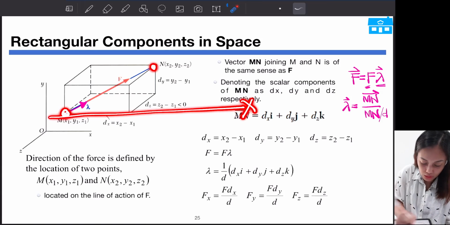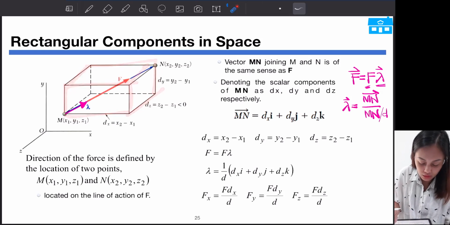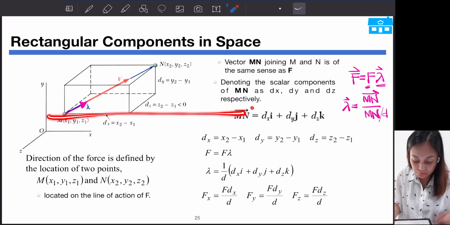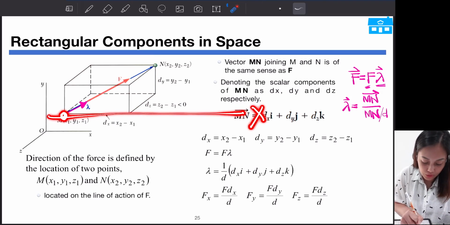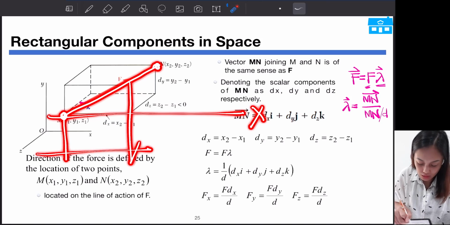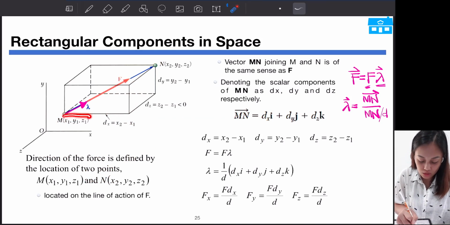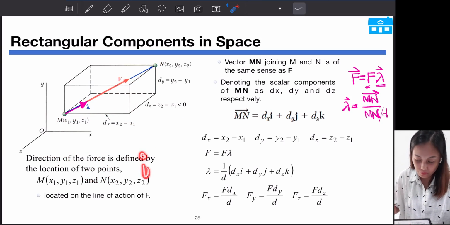So, if you draw it in a rectangle, what is the distance from point M to point N along the x-axis? That distance along x is what we call dx. Then, along x, the unit vector is i.